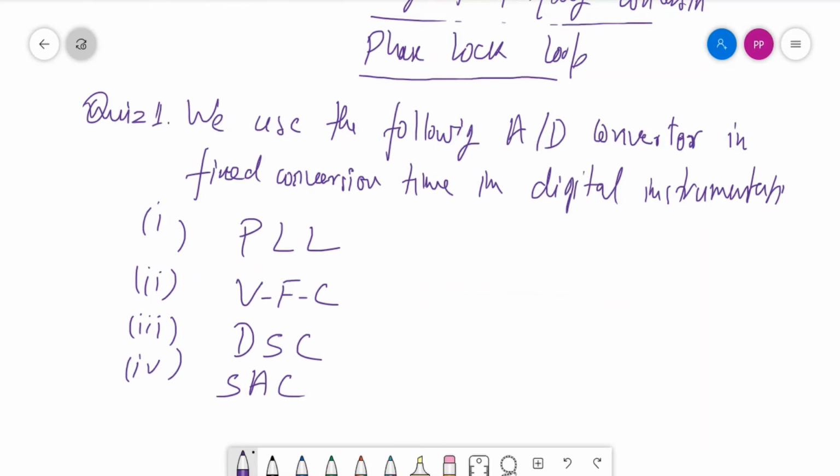And again I am emphasizing that the dual slope converter has a variable conversion time, and this conversion time is large, and a more specific and time bound converter for analog to digital signal conversion is the successive approximation converter, which converts the input analog signal in a fixed period of time because of the method used. So that is why the correct answer is the fourth one.